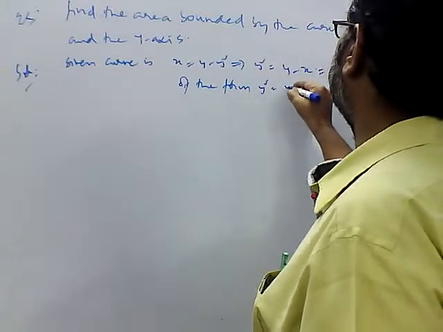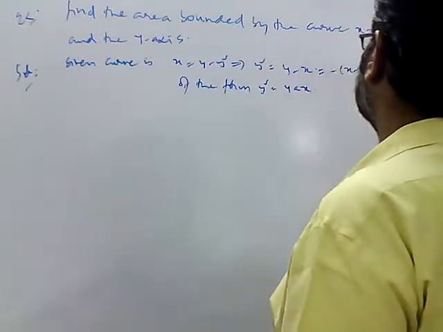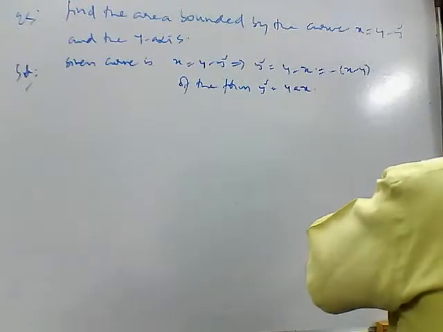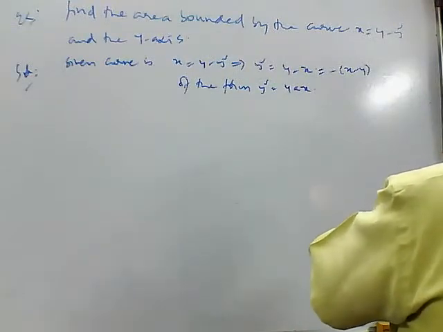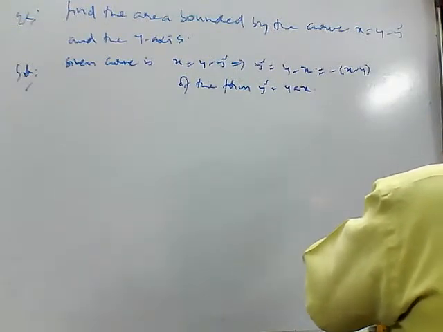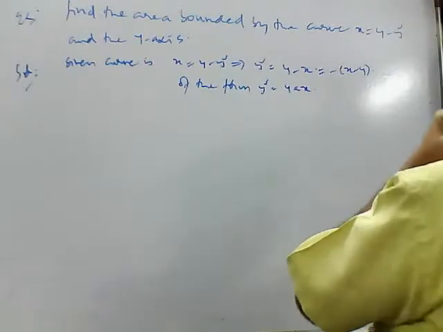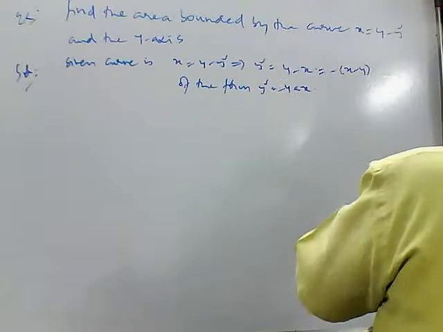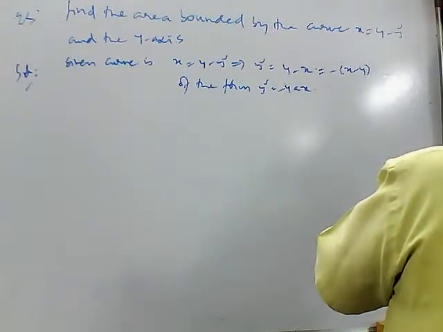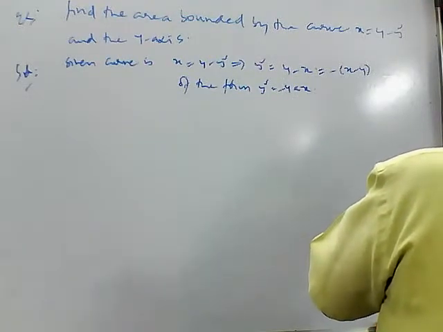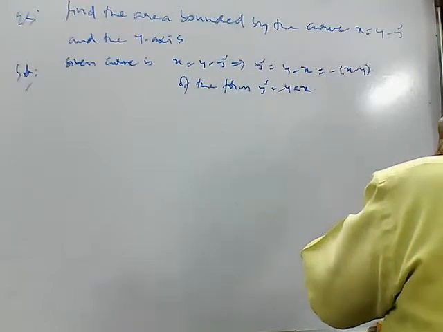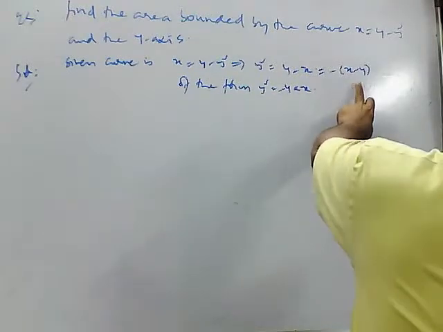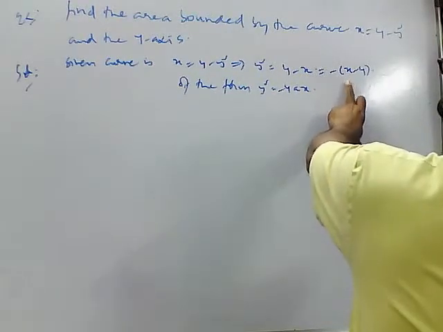y square is equal to 4ax. Here it is minus 4x, so minus y square is equal to minus 4ax.